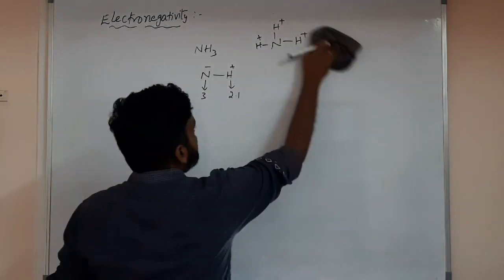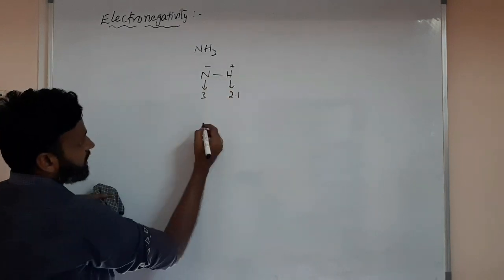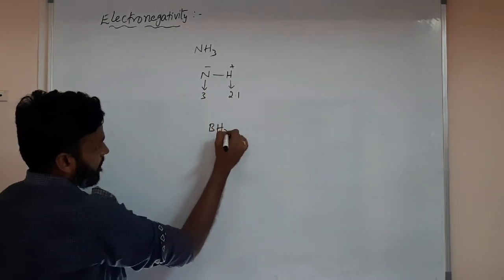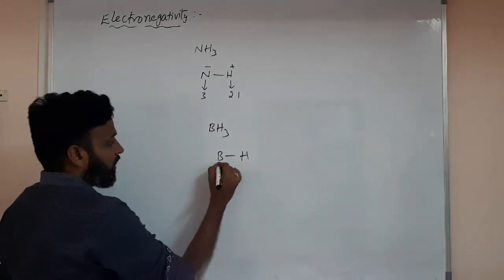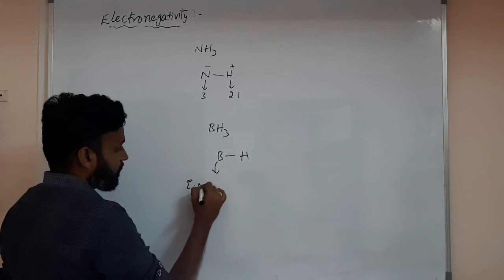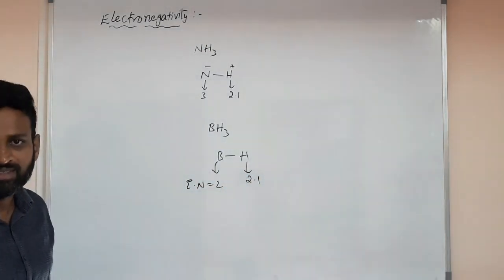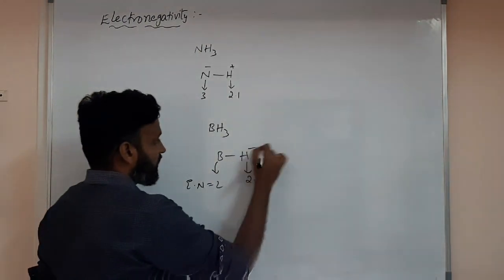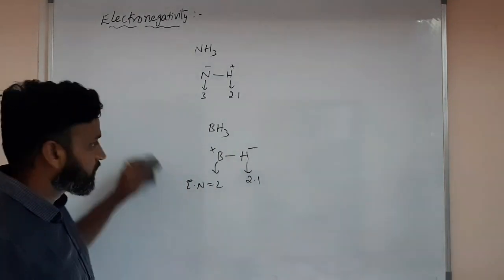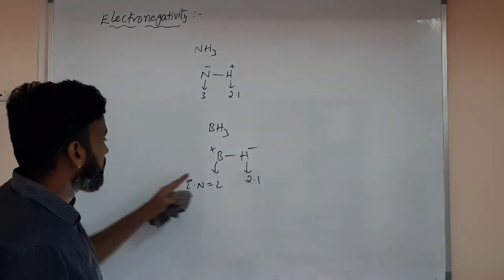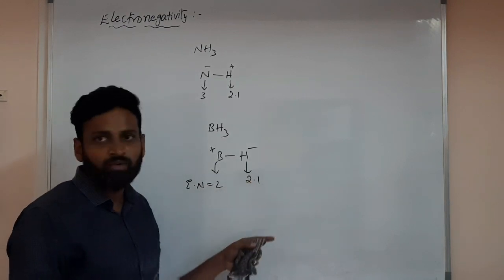Even suppose you take BH3. In ammonia hydrogen is positive, but in BH3, B and H, boron electronegativity value is 2, hydrogen electronegativity is 2.1. Got it? So now hydrogen is minus, now boron is plus. Now why is boron plus here? Because boron electronegativity is 2 and hydrogen is 2.1. Do you remember?